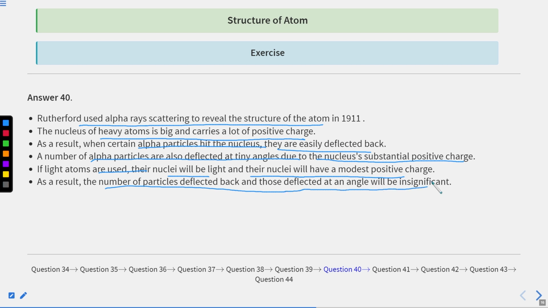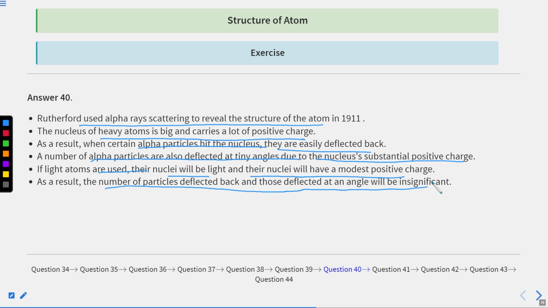Clear? So, if you consider larger atoms, they will have a greater size of nucleus and hence greater positive charge, and most of the alpha particles will be deflected because alpha particles are nothing but helium 2 plus, which is positively charged. So due to electrostatic repulsion they were deflecting.